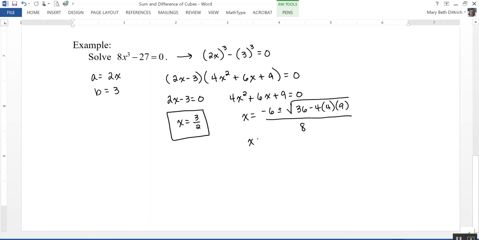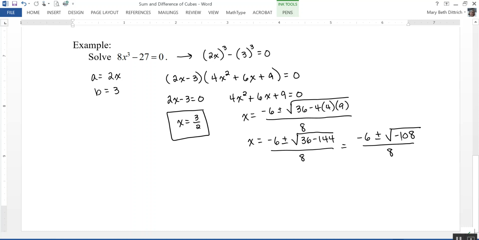So that's going to give me negative 6 plus or minus the square root of 36 minus 144, I believe, over 8. Which gives me negative 6 plus or minus the square root of negative 108 over 8. So I've gone into imaginary number land.